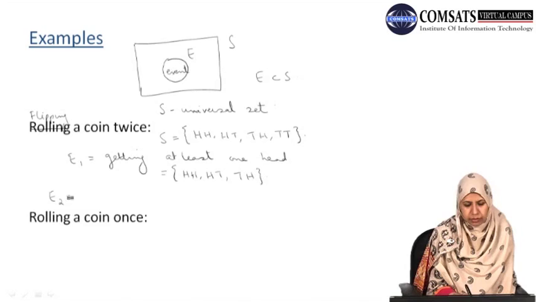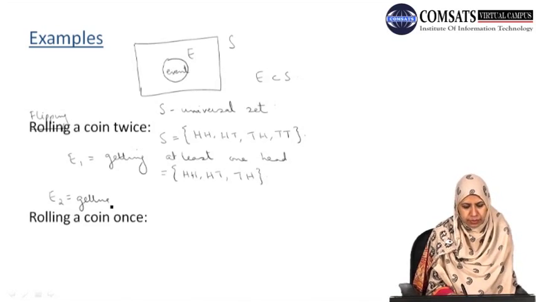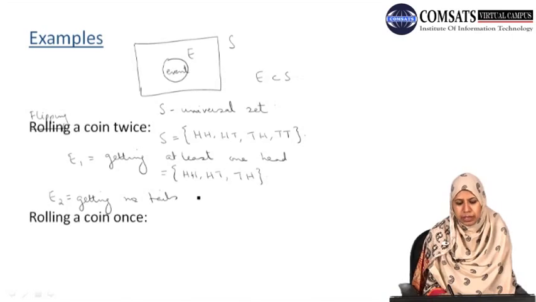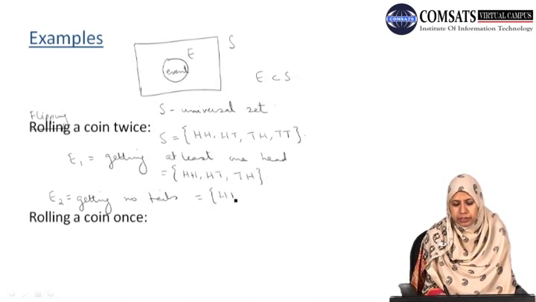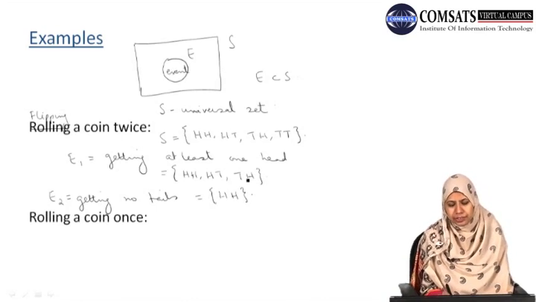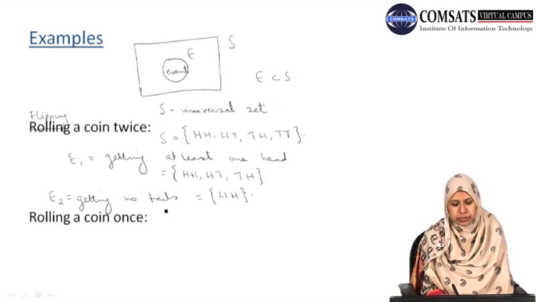We can define one more event as getting no tails as our outcome. So what will be the possible outcomes? We will have head head only, and this is a subset of our sample space.